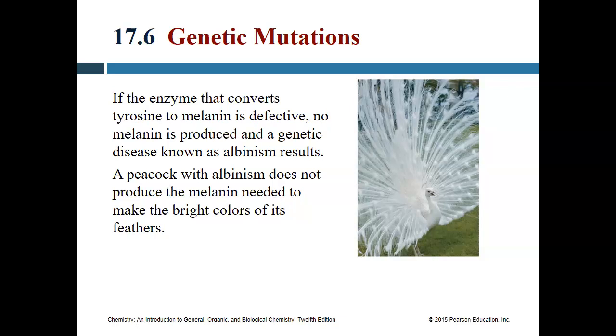This is the topic of what are called mutations. Genetic mutations take place when the DNA or the RNA gets corrupted at some level. And it can have some really interesting kinds of effects.